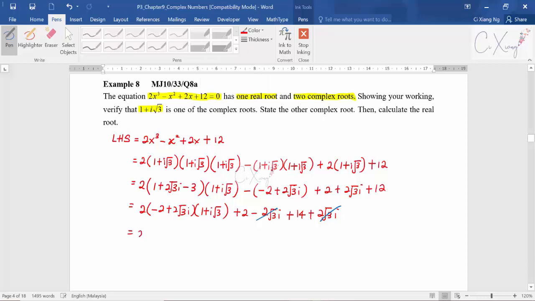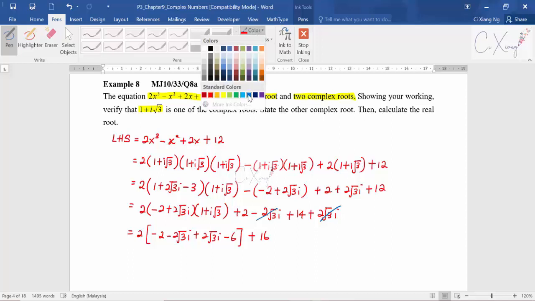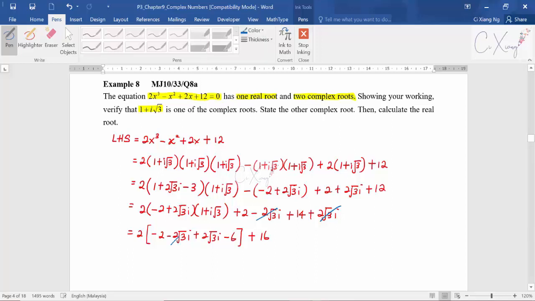Alright, so I'm having 2 here. Then when I expand this one, I'm having negative 2 square root 3i, then plus 2 square root 3i, and then 3 times 2 is 6. So you're having negative 6 here, then plus 16. Again, before I simplify it, I can also see that this and this one can be cancelled off.